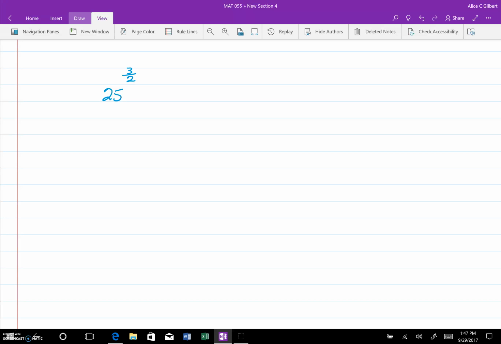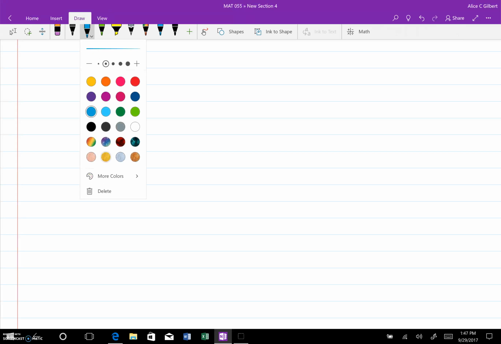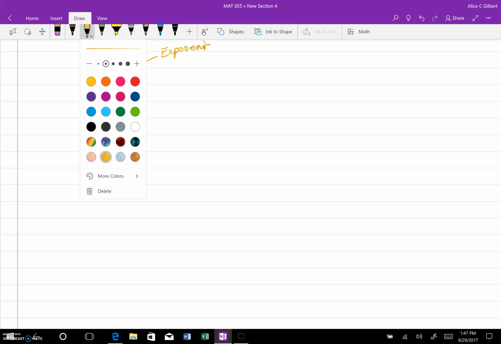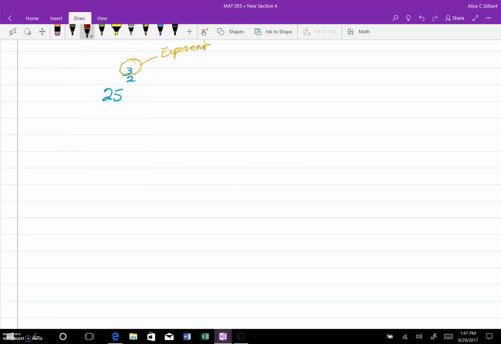This exponent, and remember the opposite of exponents is roots. So the numerator stays as our exponent, and our denominator becomes our index.